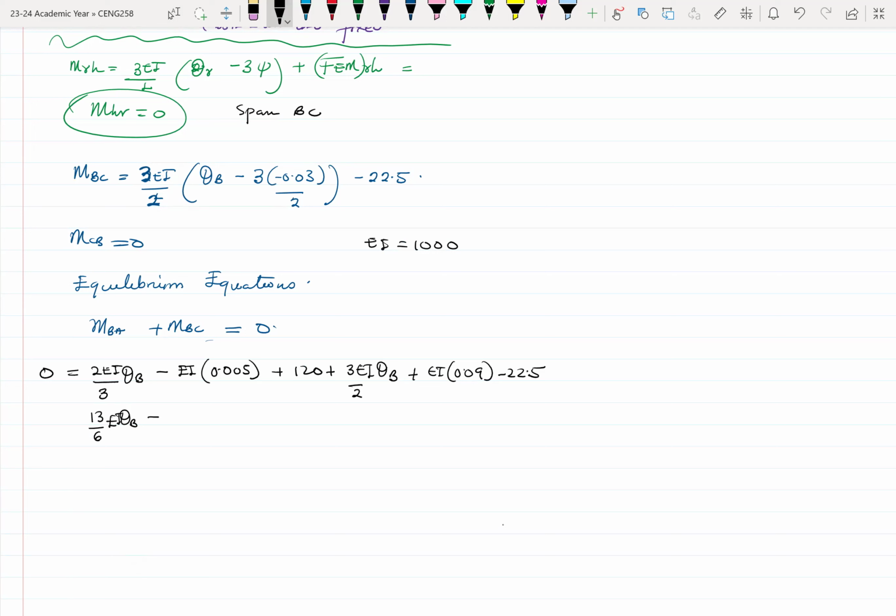So 1,000 times 0.005 gives me 5, so here's 5 minus 5 plus 120, and 1,000 times 0.09 gives me 90, so it becomes plus 90 minus 22.5. Then here we can do the math.